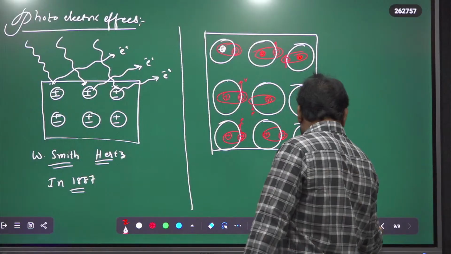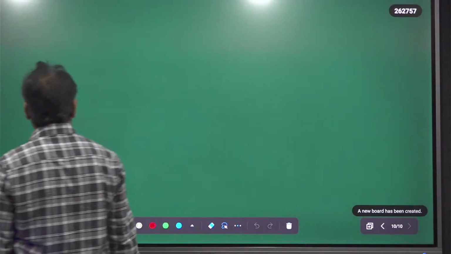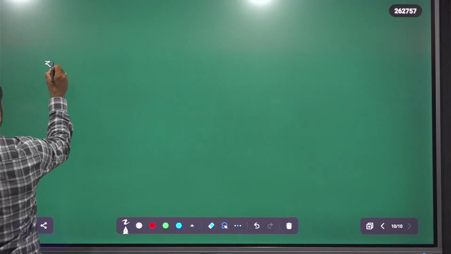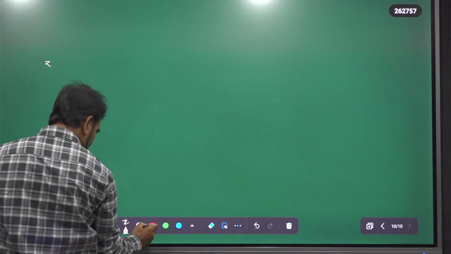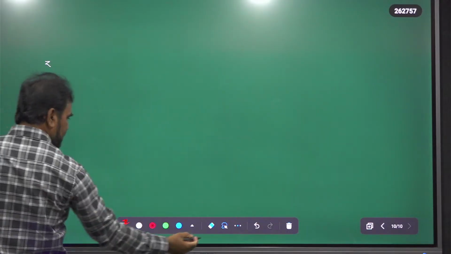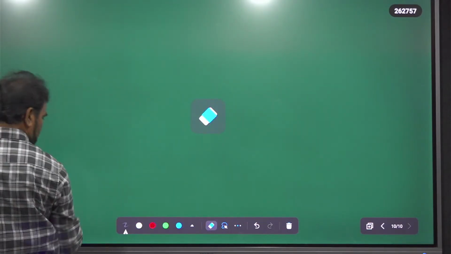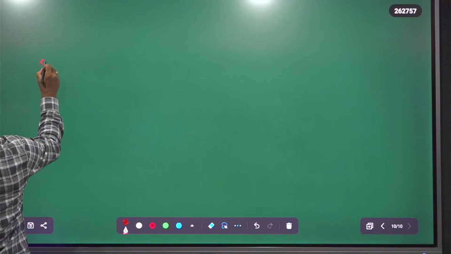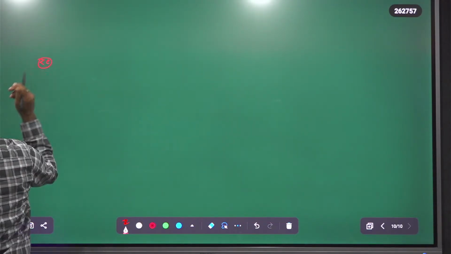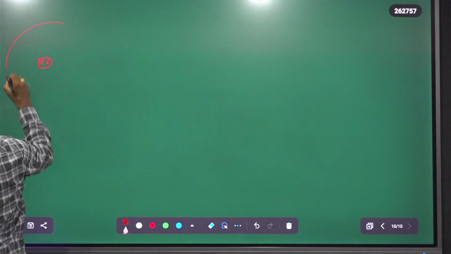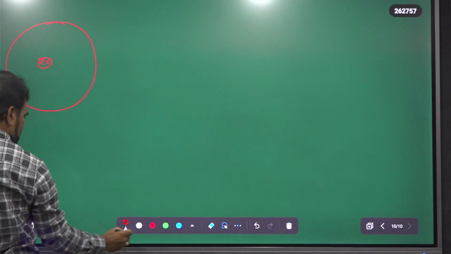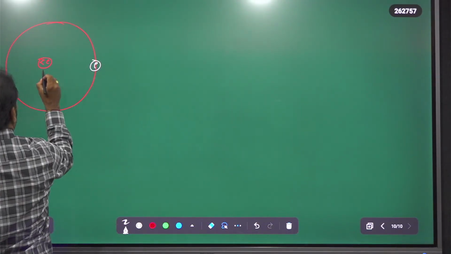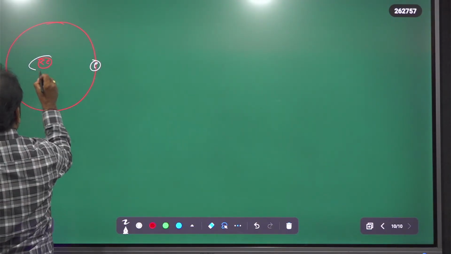Here, this is a nucleus, Ze. Around this, an electron is revolving in a circular path, in a circular orbit, with a nuclear attraction force.